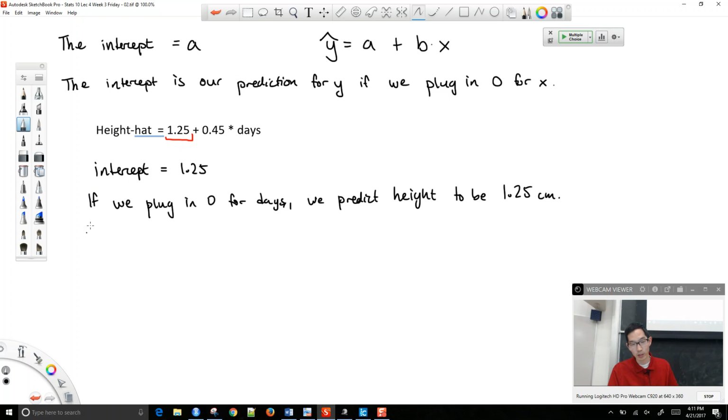Another way to say it is, if no days have passed since planting, we expect the height of our plant to be 1.25 centimeters.